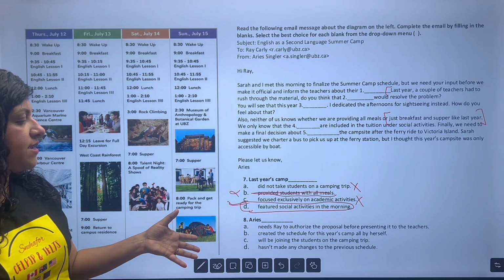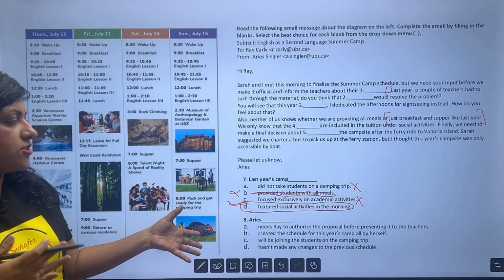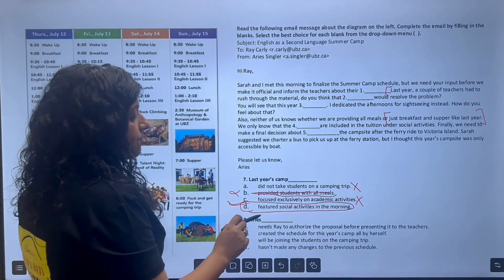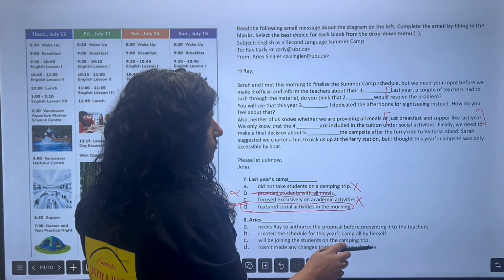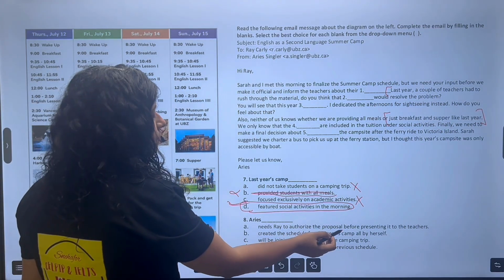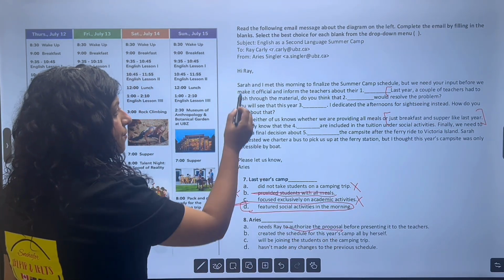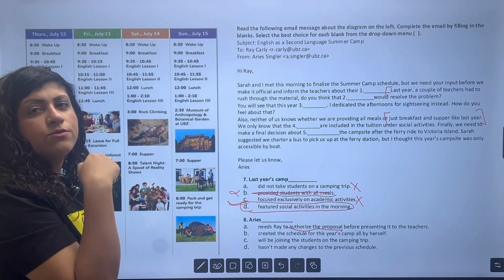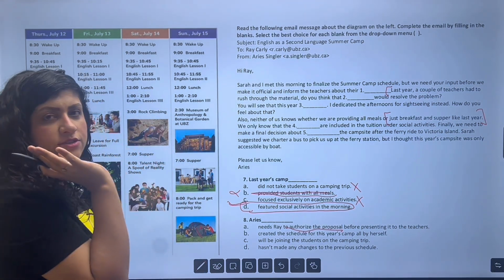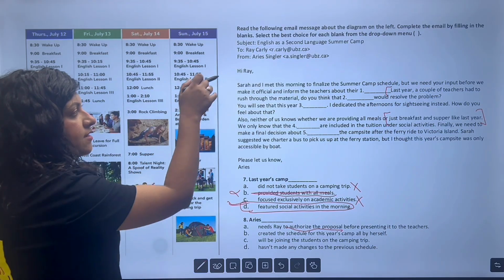It says something about Aries should be true according to the text. So, Aries needs Ray to authorize the proposal before presenting it to the teachers. Now authorizing the proposal would mean that Ray is the authority who decides the final take on the schedule. It's not the case.